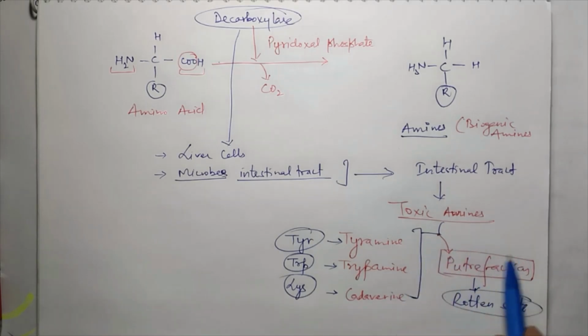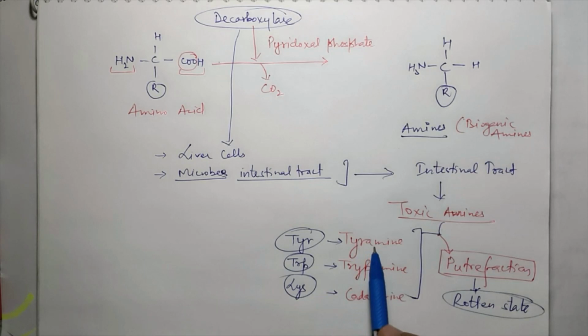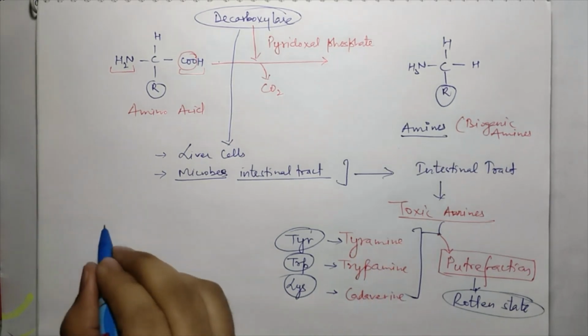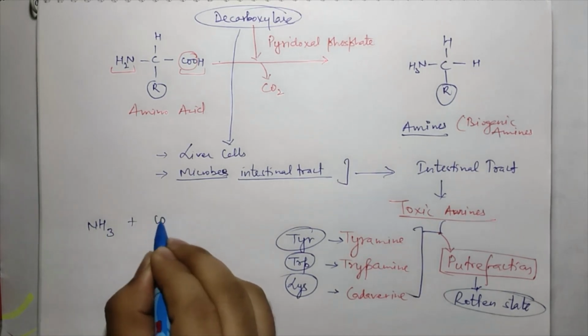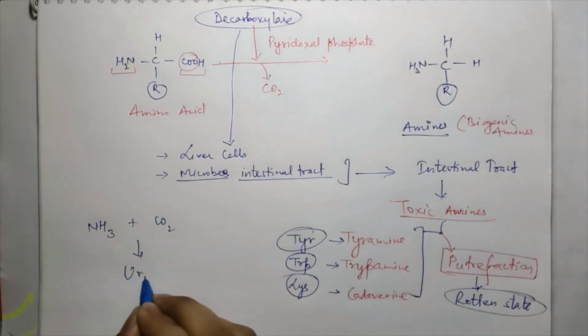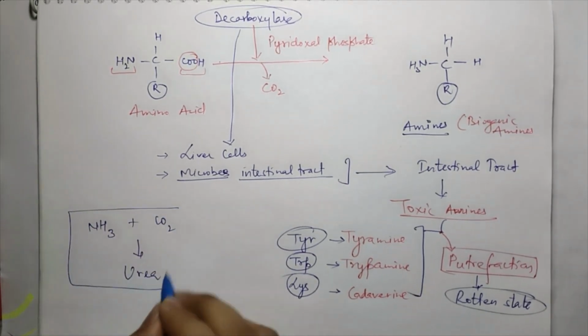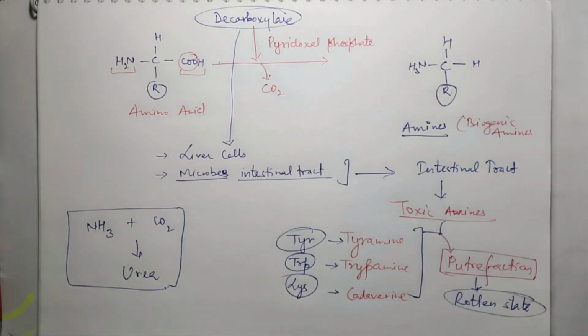So this is all about the sources of ammonia and carbon dioxide which combine to form urea. In the subsequent part of the lecture, I will discuss the mechanism and regulation of the urea cycle, how it operates within the hepatic cells.